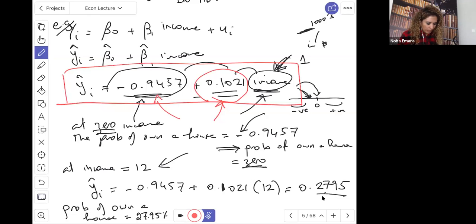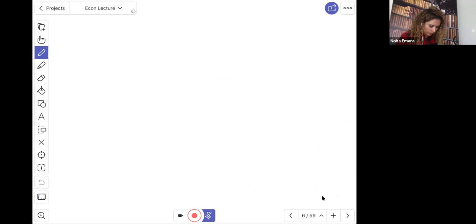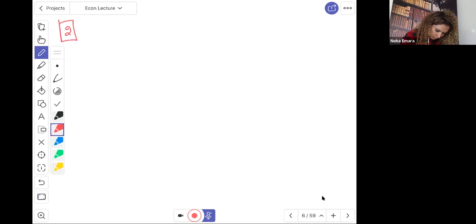Okay. So to address the problem above of probability exceeding 1 or lower than 0, we're going to introduce the other 2 options: the probit and the logit.